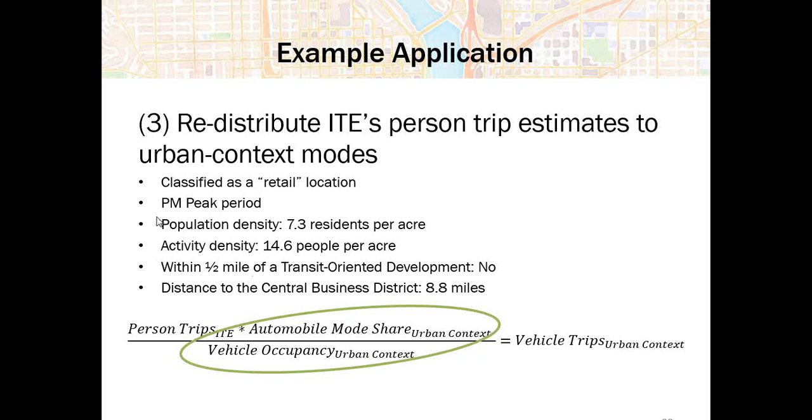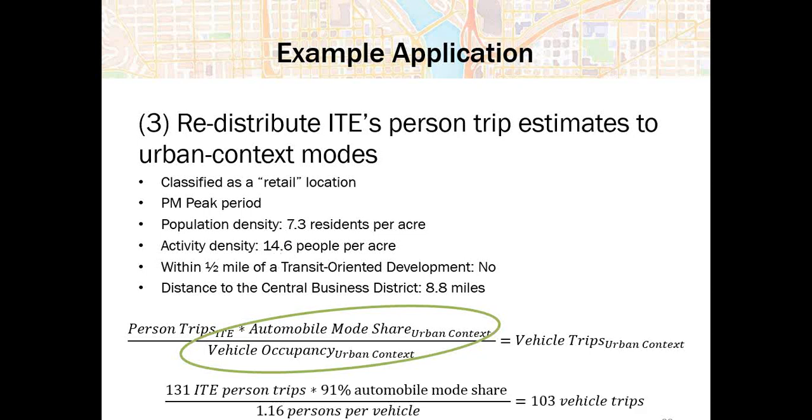But based on the problem statement of the hypothetical example, if our convenience market was located in an area 8.8 miles from the CBD, not next to a transit-oriented development, with a population density of about 7 residents per acre and an activity density of about 14 or 15 people per acre, we would get an automobile mode share of about 91% and a vehicle occupancy rate of about 1.2 persons per vehicle.